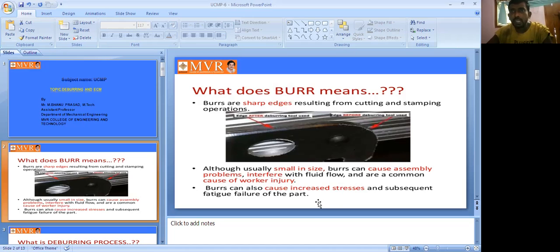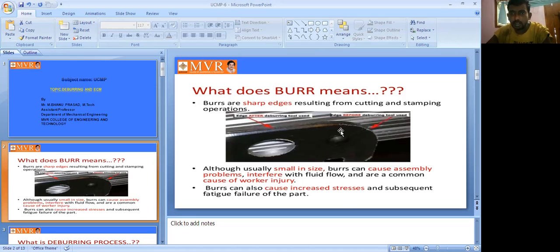Based on these three reasons, the burr is formed: first, assembly problems; next, increased stresses; third, failure of the part.